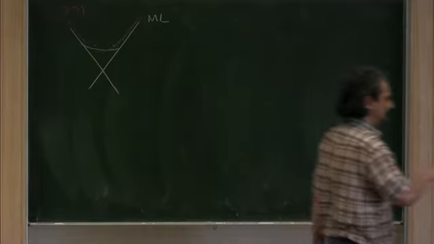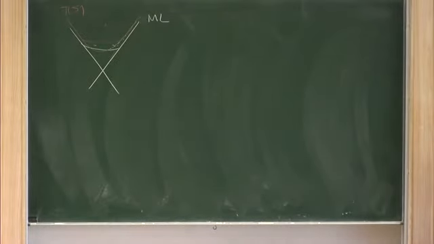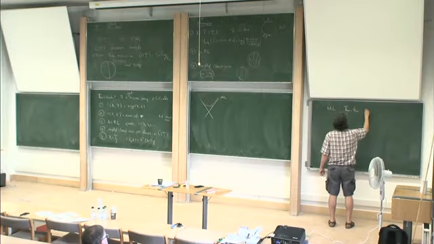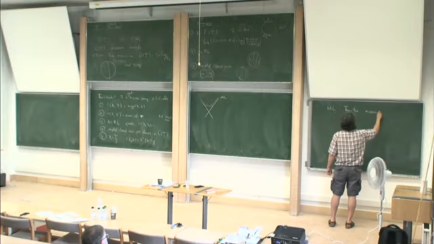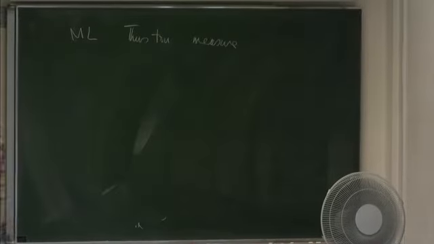So let me just write some more notations. ML has a natural measure. On ML we have a notion of a Thurston measure. So what is Thurston measure? How do you see ML?